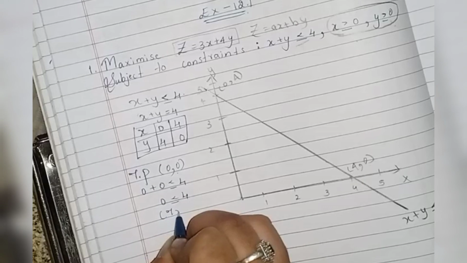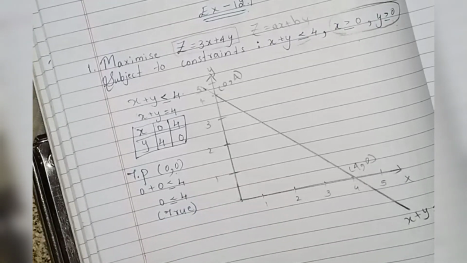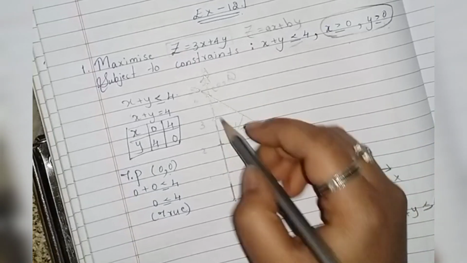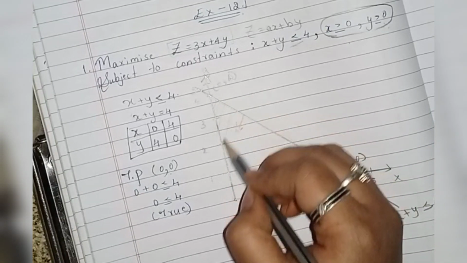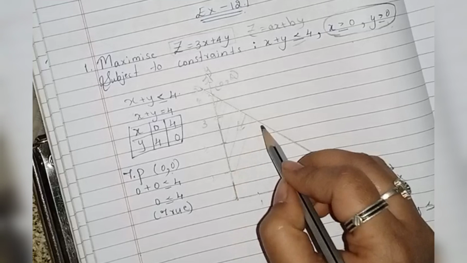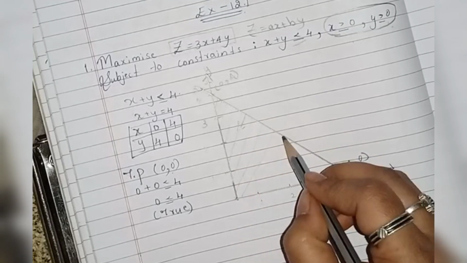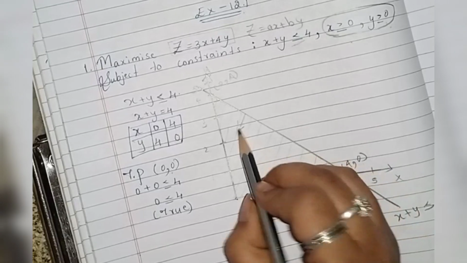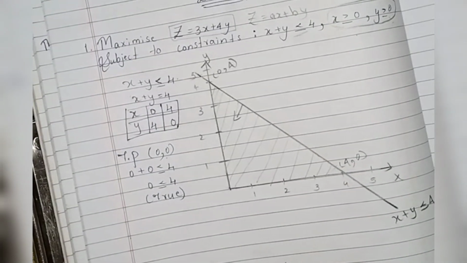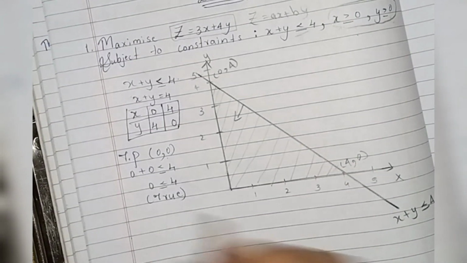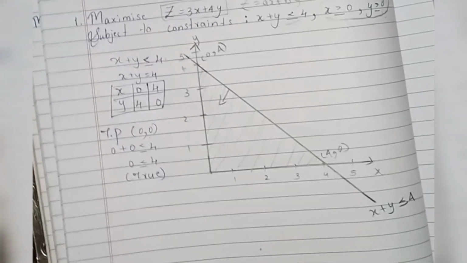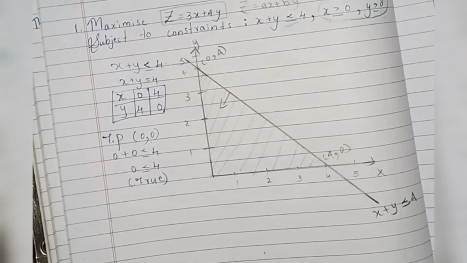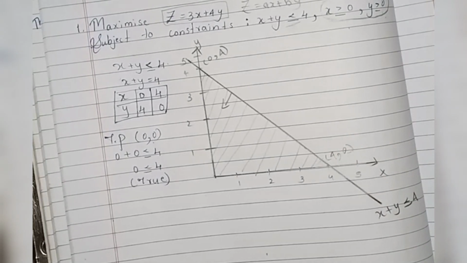If it is true, then the feasible region is towards the origin. So this whole region is the feasible region. You can either draw lines or just put an arrow mark to show the feasible region. If we don't get it true, you just take the other side.